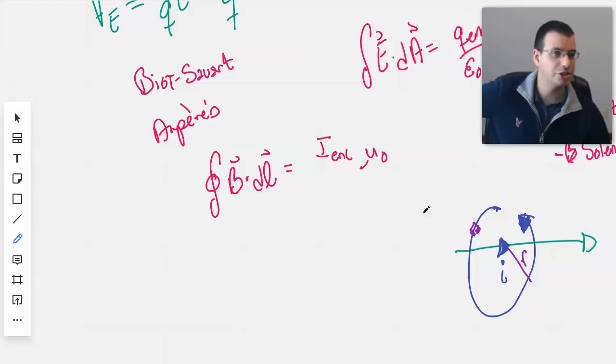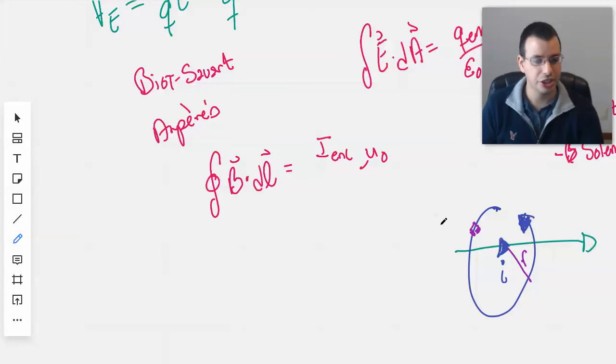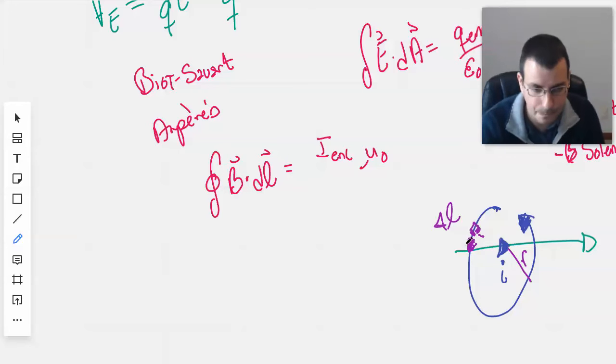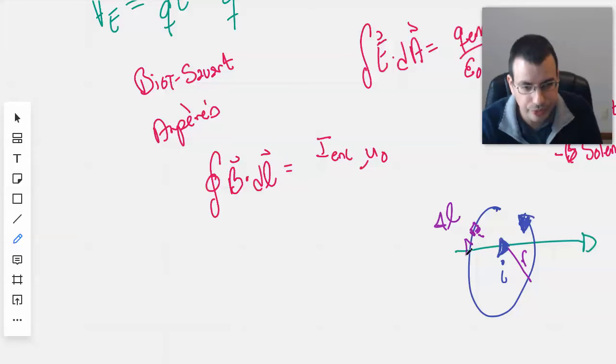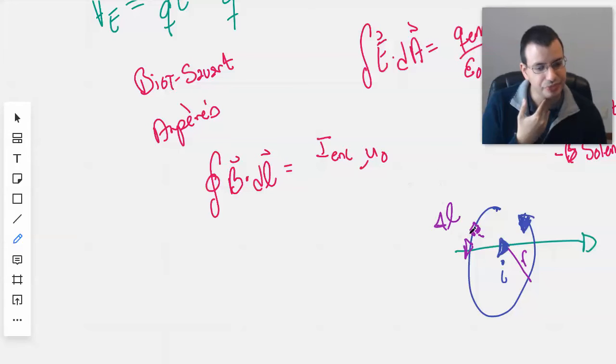It's just a loop. We have a circle, and a small section length of this will be dl. So the magnetic field will always be tangent to the shape, tangent to the circle.